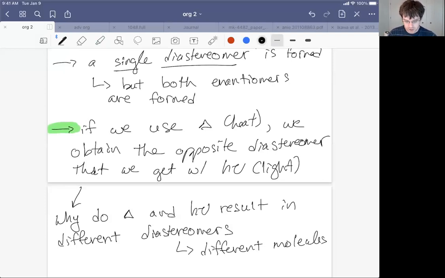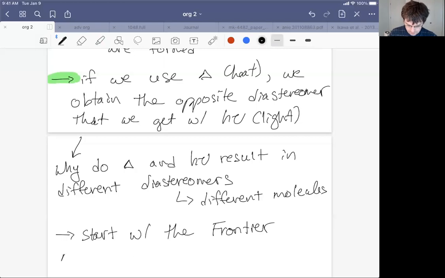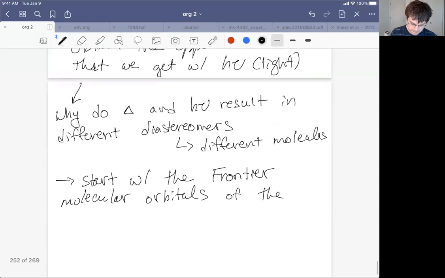Okay, so to understand this, we have to focus on the frontier orbitals. I should call them the frontier molecular orbitals of the starting material.